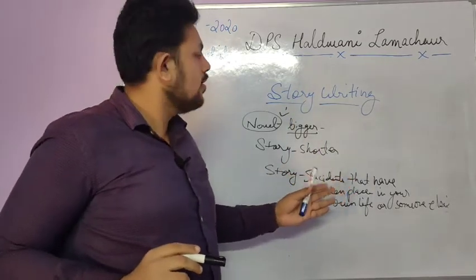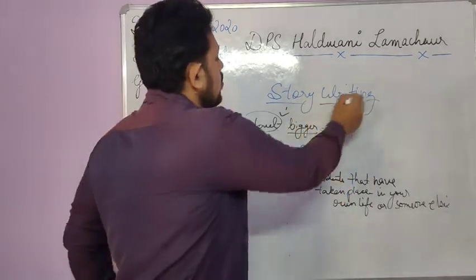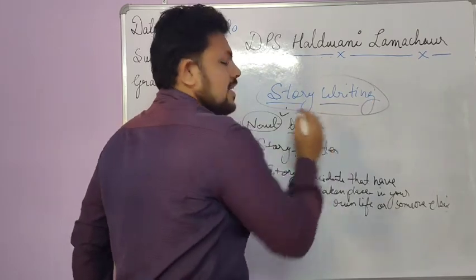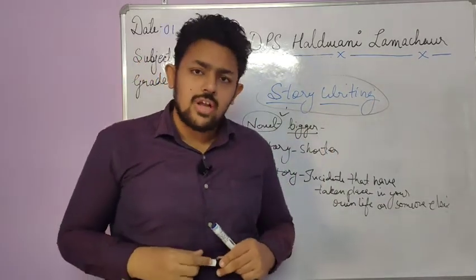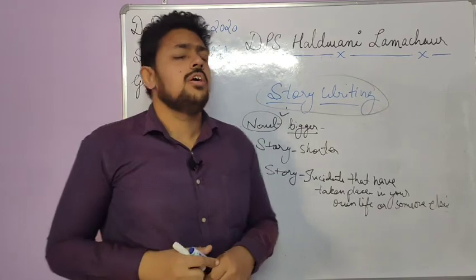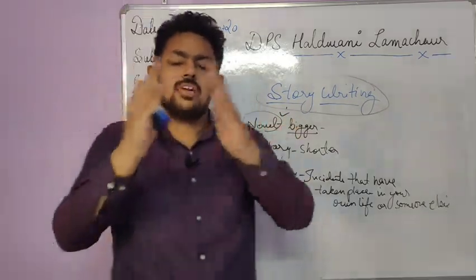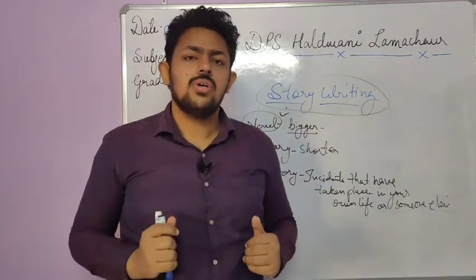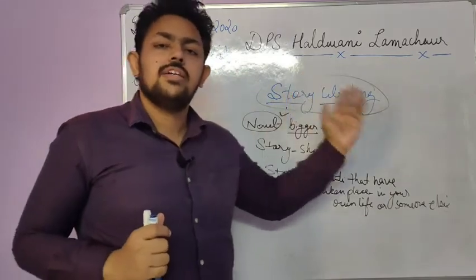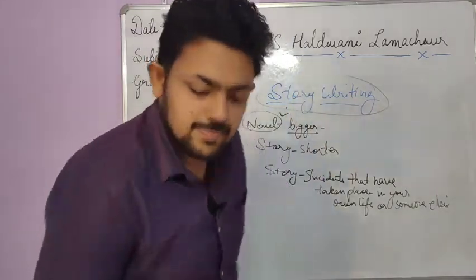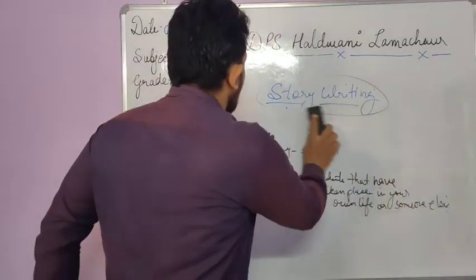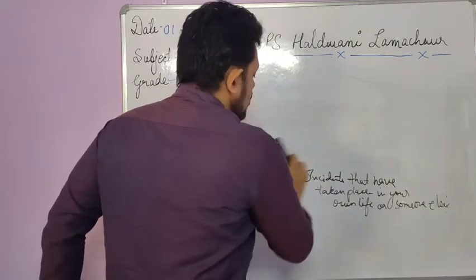Together, story writing is incidents that have occurred in your life or someone else's life. You put them together in a language, you frame a language, and it is called story writing. So this is how I have introduced story writing to you.